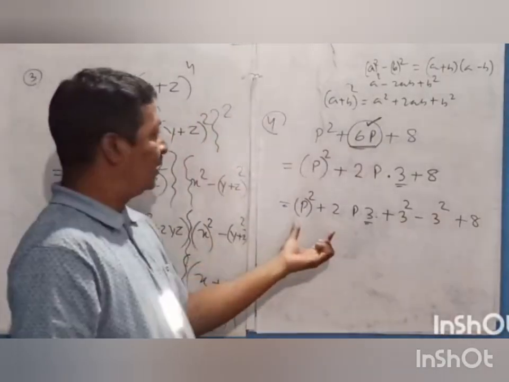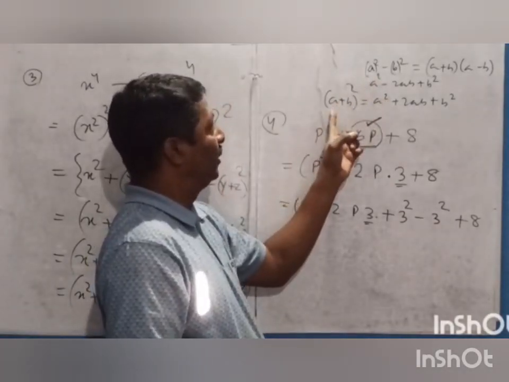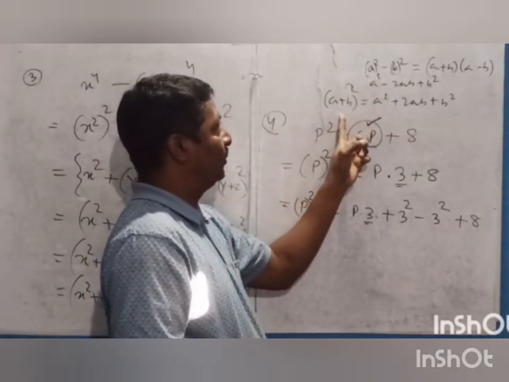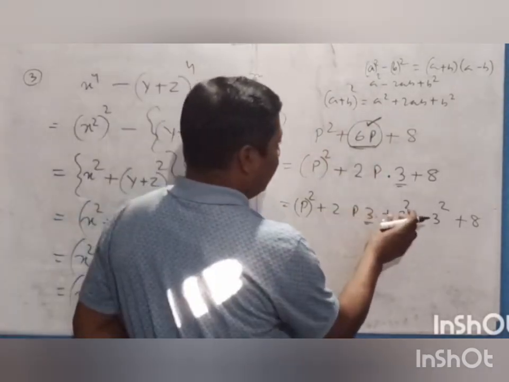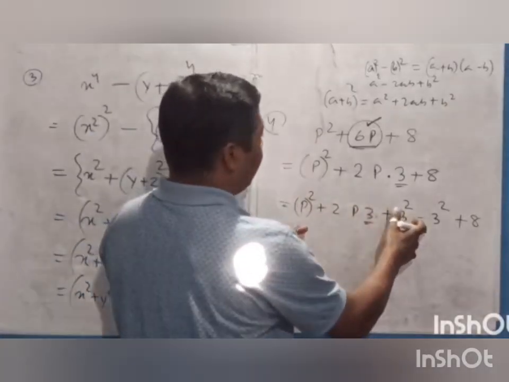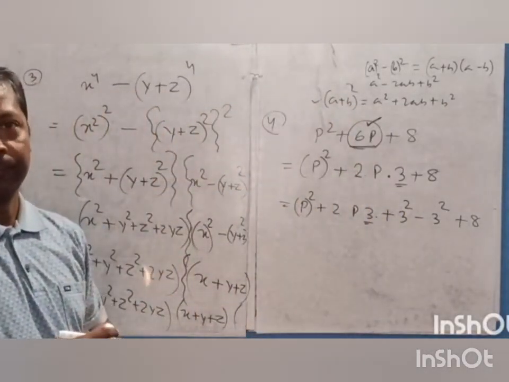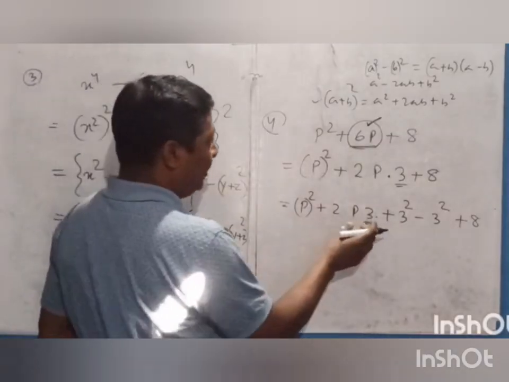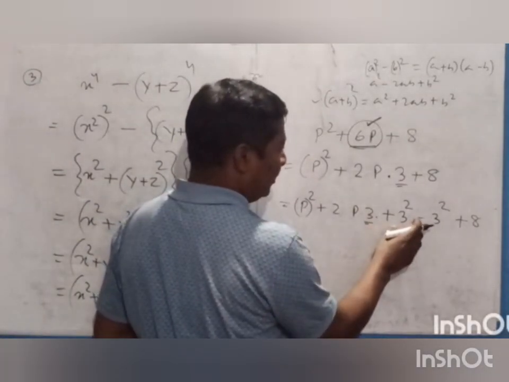So to convert this into an identity of this type, a plus b whole square, I need to add 3 square or 9 to make it an identity form having this factor. I need 3 square, b square means 3 square, here b is 3, that's why I need 3 square.